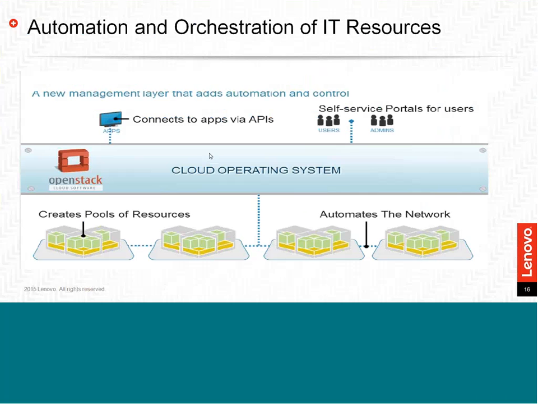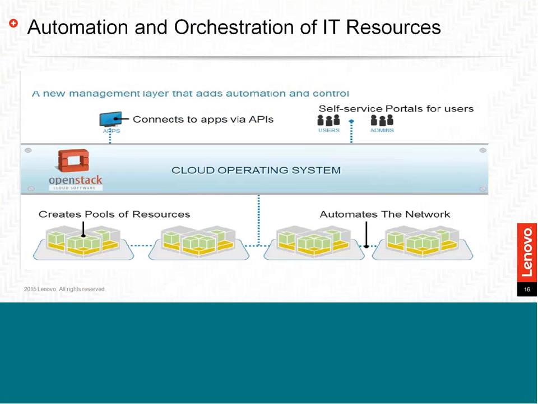The next slide we'll talk about is kind of a VMware-specific slide, but again, the pools of resources are storage, compute, and network, and that's what we're trying to control in a friendly way so that users and administrators can manage those devices from an application point of view without having to know the command line of a switch or the user interface of a Lenovo S3200 storage array.